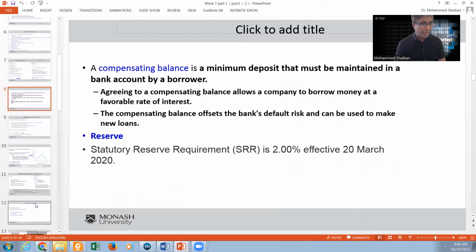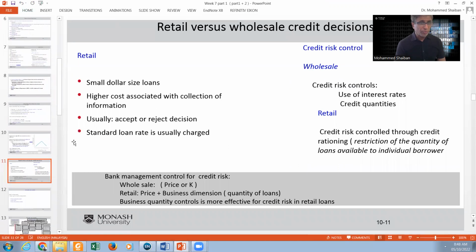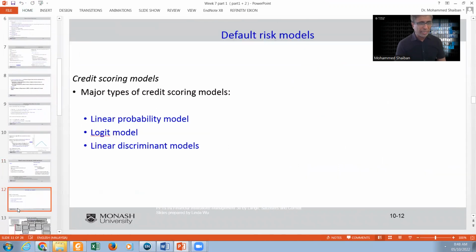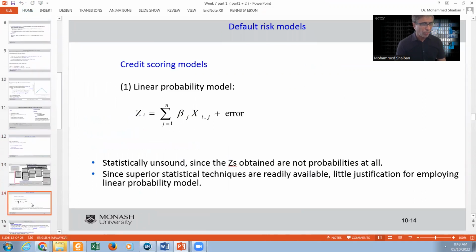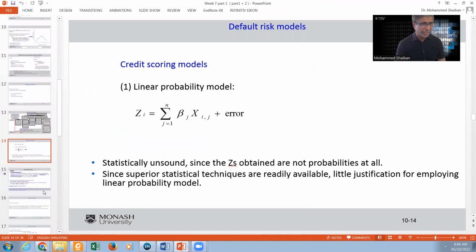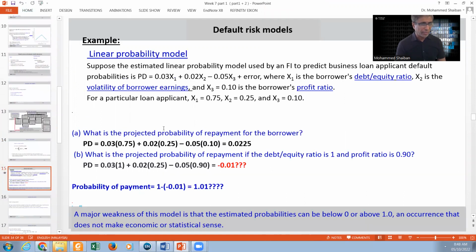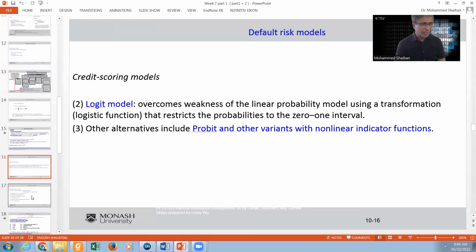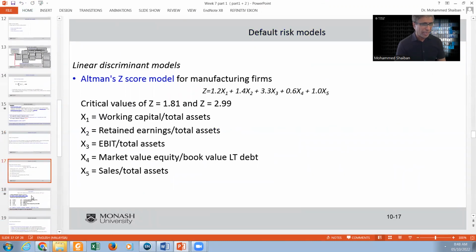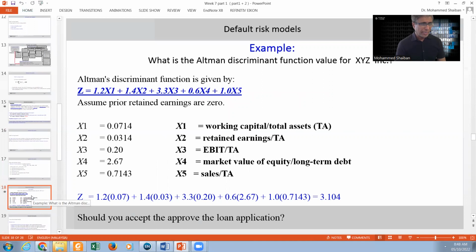Now for the modeling, we have to be aware of this. You have to be also aware of the calculations of the Altman. I think we have problems about the Altman. If it is there, everything is already here.